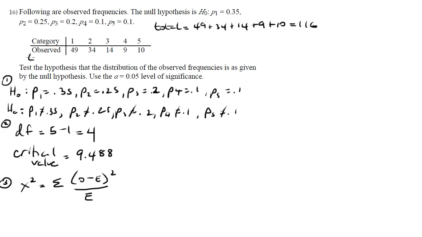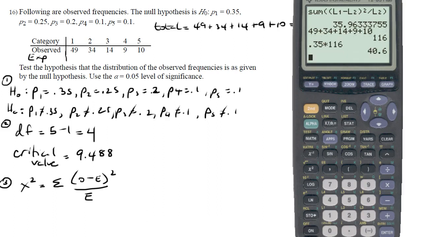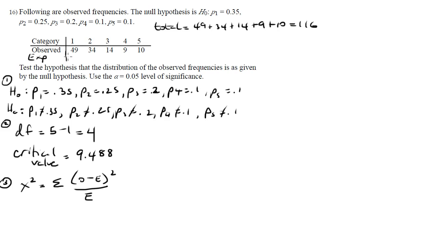Okay, so let's get the expected values now. I expected category 1 to be 0.35 of that total. So 0.35 times 116, 40.6. That's what we expected for category 1.